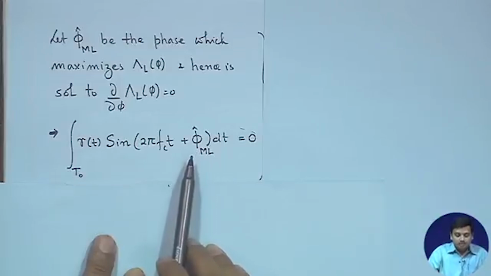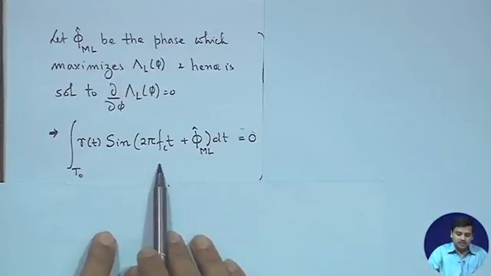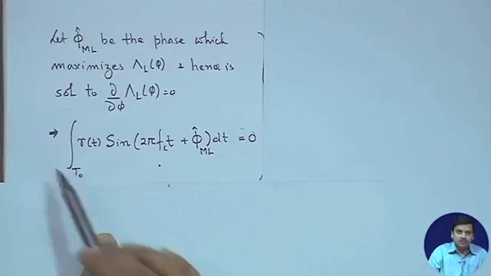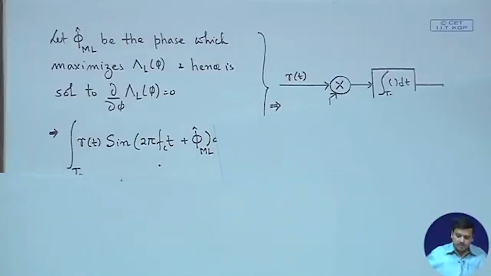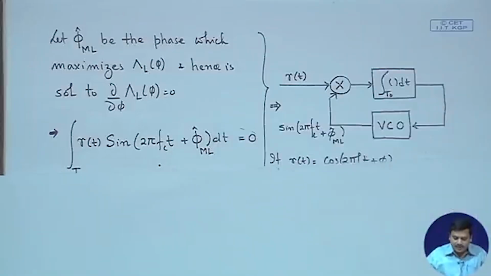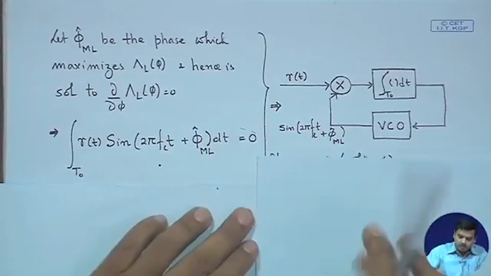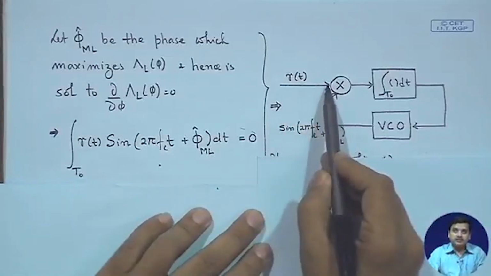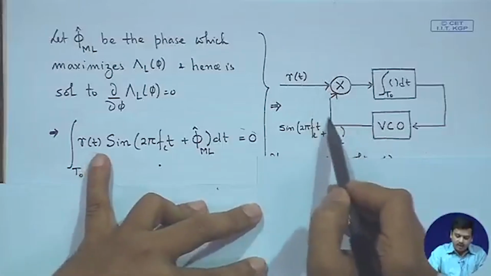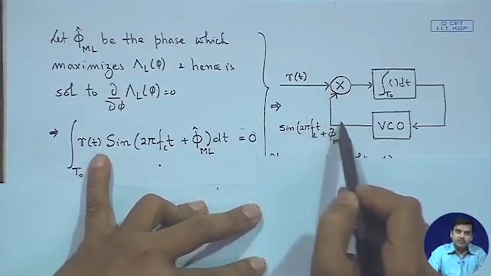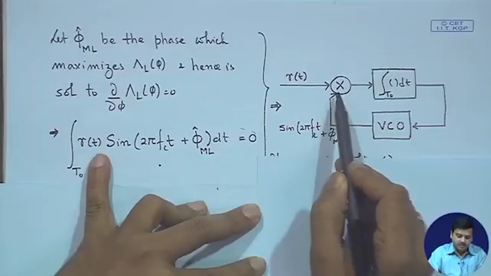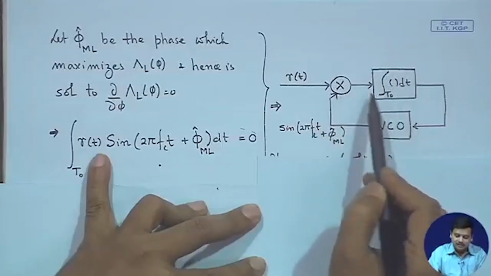Now, this motivates the solution that instead of actually solving this, you could find a PLL like structure, a loop like structure. So, what you do is you have r(t) as the received signal, you multiply by some sinusoid with certain phase, you integrate it, right.